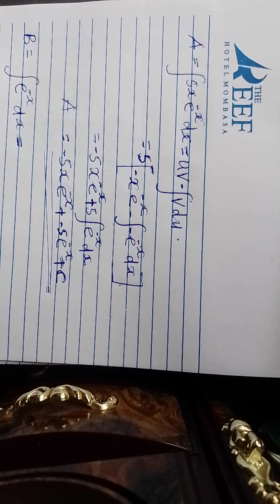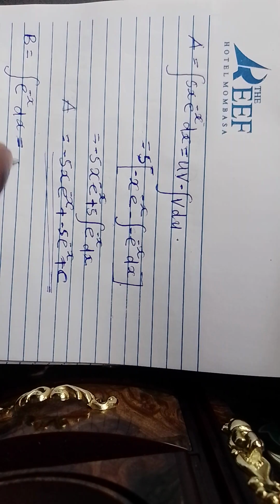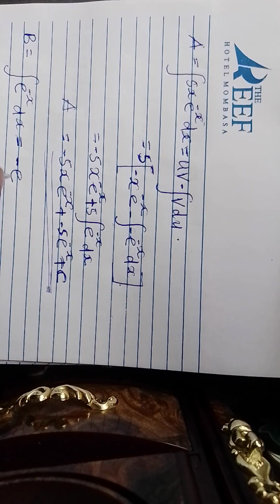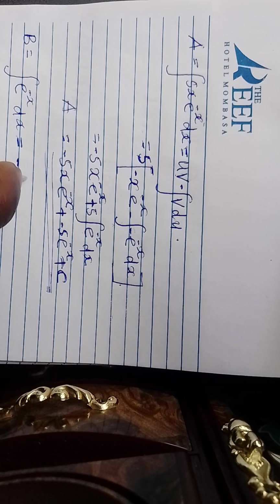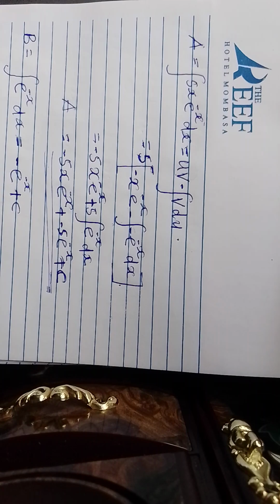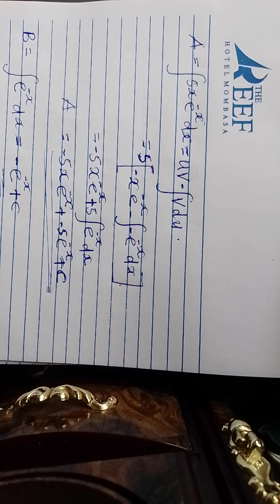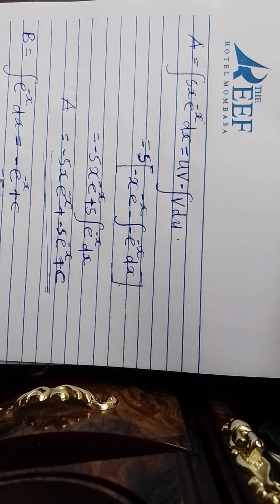If you integrate exponential raised to power negative x with respect to x, what you get is simply negative exponential raised to power negative x plus c. I said that earlier. So the answer for B is negative exponential raised to power negative x plus c.